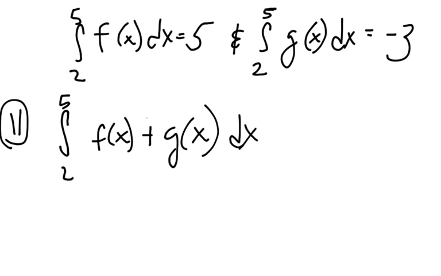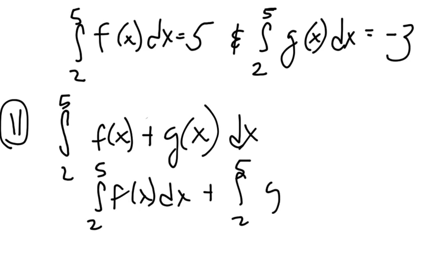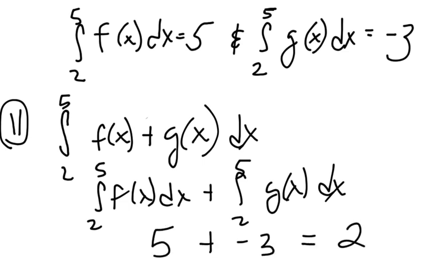Now, this means that you can just add these two integrals as if it said the integral from 2 to 5 of f of x dx plus the integral from 2 to 5 of g of x dx. And you don't necessarily have to write out that step, but that's essentially what we're doing here. So this would be 5 plus -3, which equals 2.